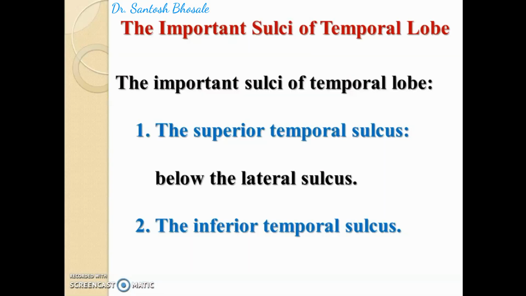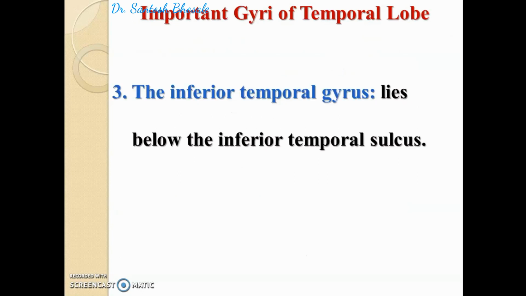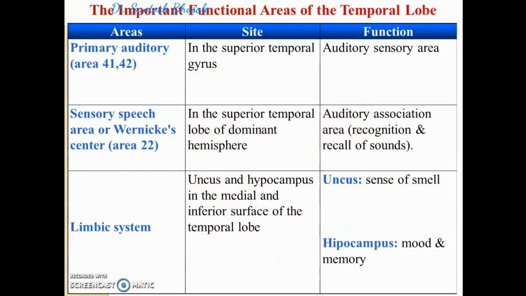Coming to temporal lobe, the two important sulci are superior and inferior temporal sulcus, which divides the temporal lobe into three areas: superior temporal gyrus, middle temporal gyrus, and inferior temporal gyrus. You can notice here, that is superior temporal sulcus, inferior temporal sulcus, three gyri.